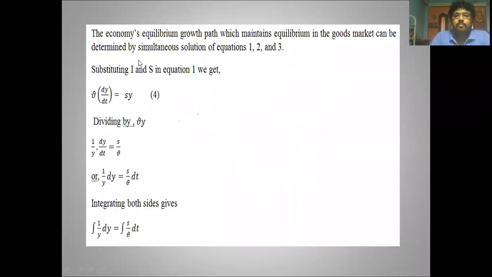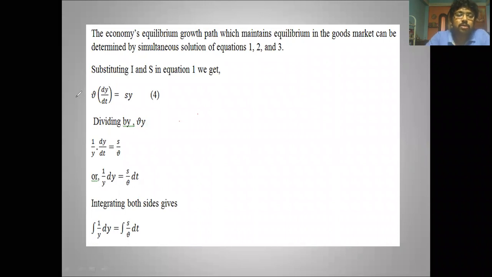Look, in this slide, the equilibrium growth path, which maintains equilibrium in the goods market, can be determined by the simultaneous solution of equations 1, 2, and 3.